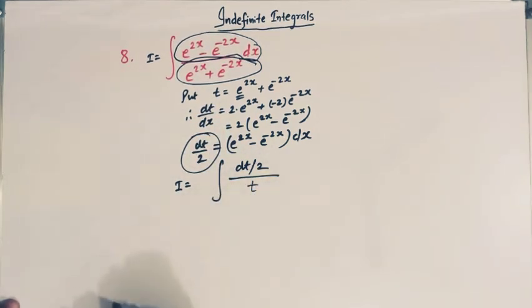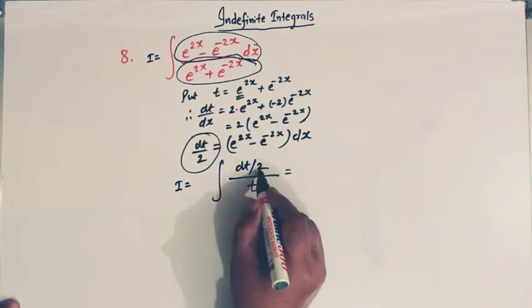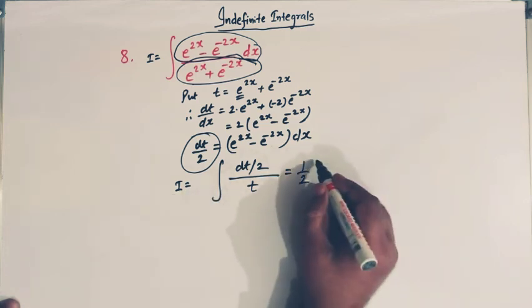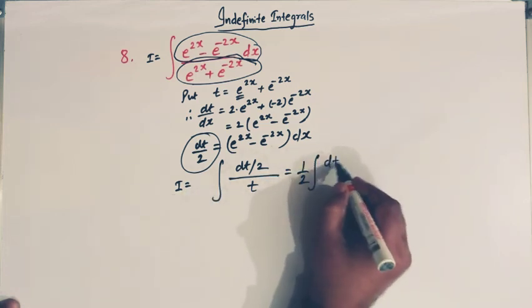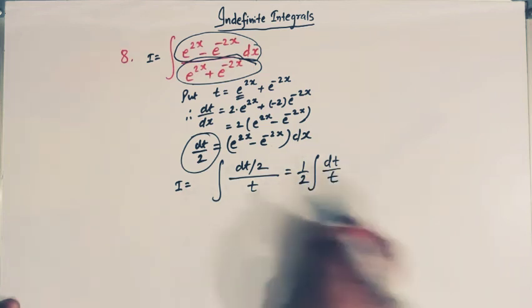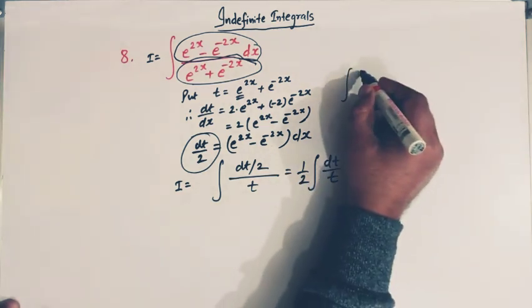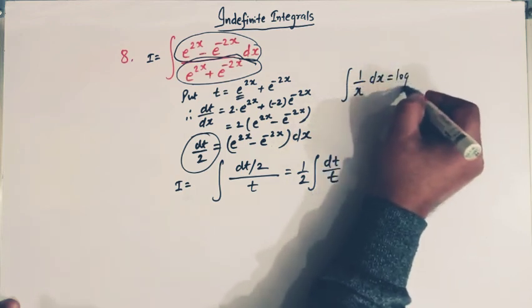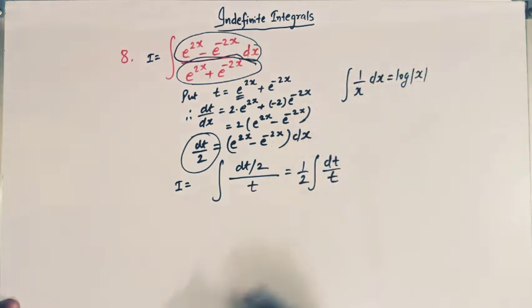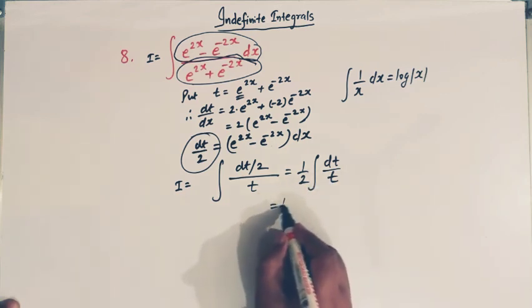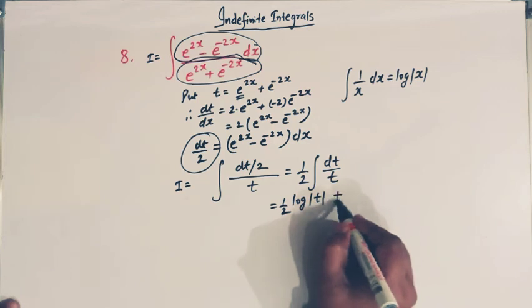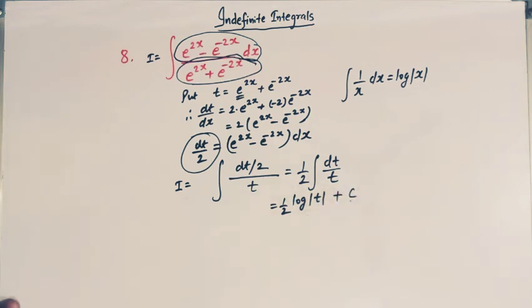Taking the 2 out of this integral, we have half the integral of dt over t, and we know that the integral of 1 over x dx is always log of x. So here we have half log of t, and the constant of integration.